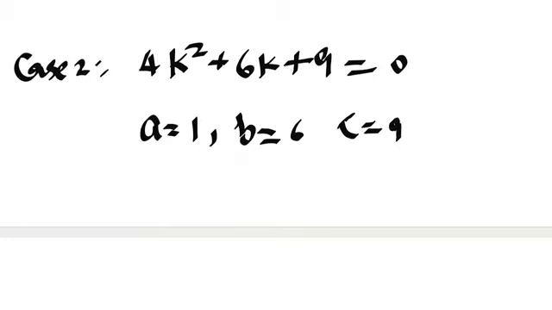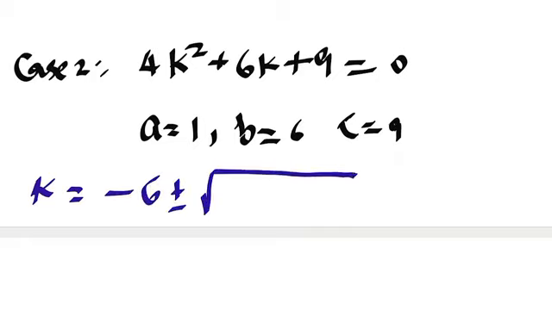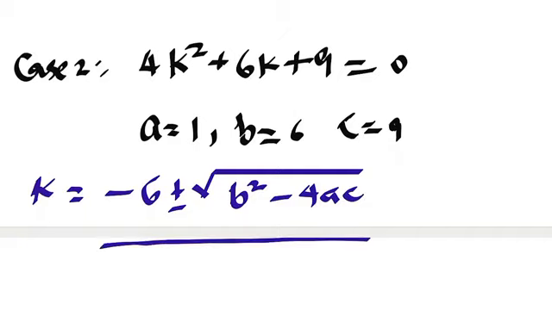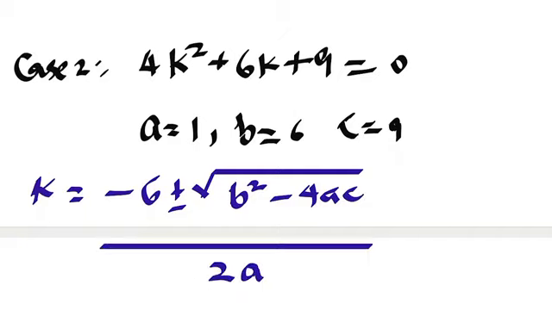So now from there, using the quadratic formula, we're going to have k equals minus b plus or minus the square root of b squared minus 4ac, all over 2a.